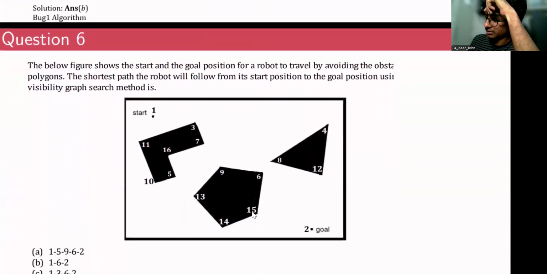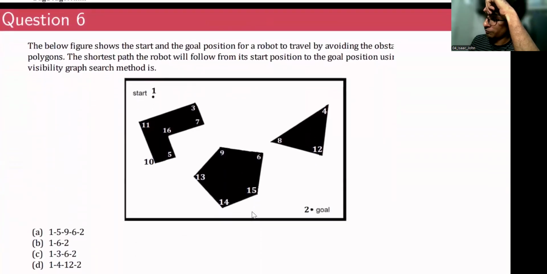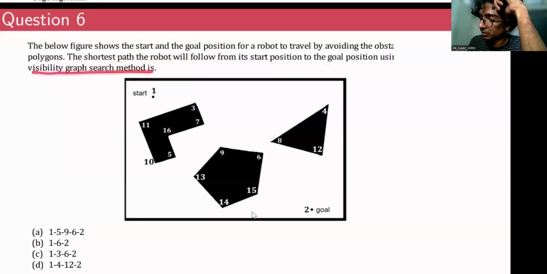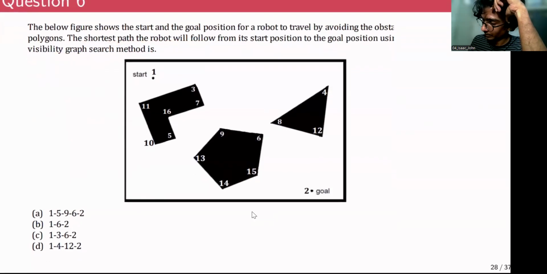Moving on to question 6. The below figure shows the start and the goal position for a robot to travel while avoiding obstacle polygons. What is the shortest path the robot can follow from the start position to the goal position using the visibility graph search method? There are multiple options given, which give you the path through each of these nodes.